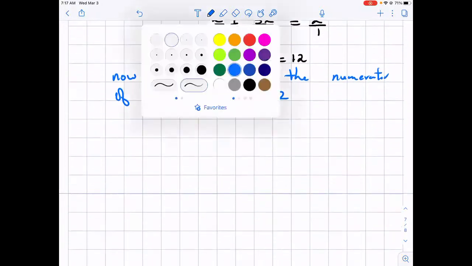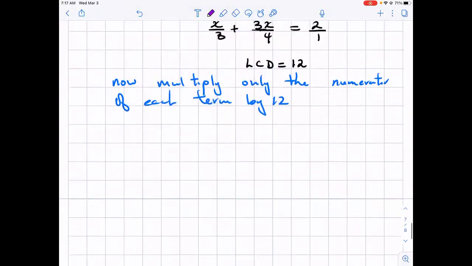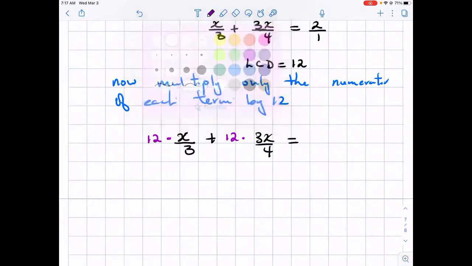So if we do this, we have 12 times x over 3 plus 12 times 3x over 4 equal 12 times 2 over 1.